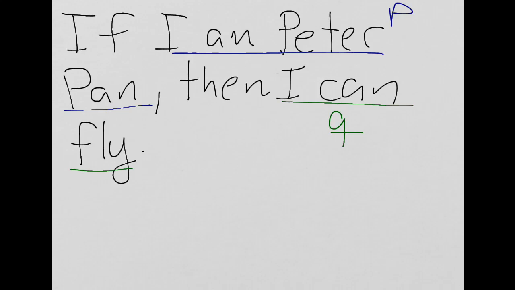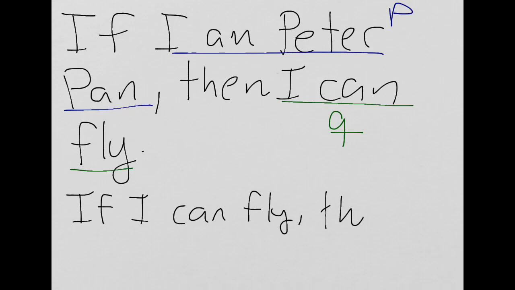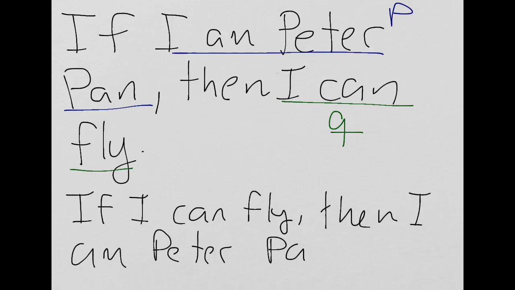Well, originally, if I am Peter Pan was the P, it was our hypothesis, and then I can fly was our conclusion, it was the Q. So to turn this into the converse of this statement, I would just swap my P and my Q here, and so this would become if I can fly, then I am Peter Pan.